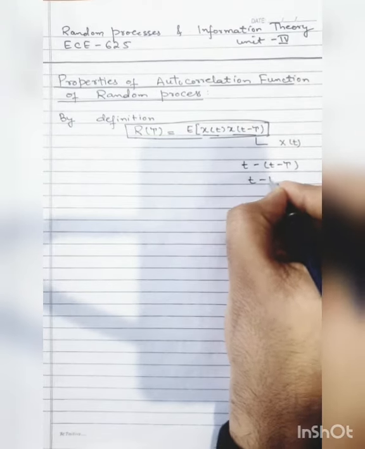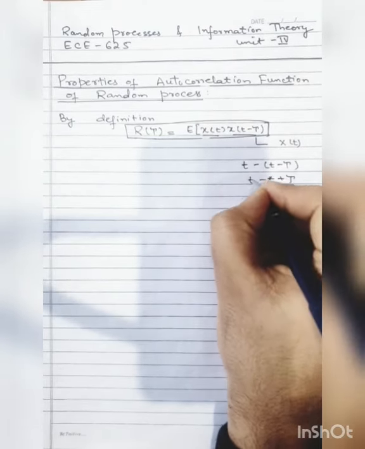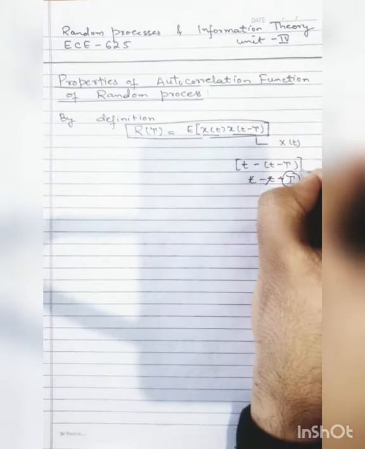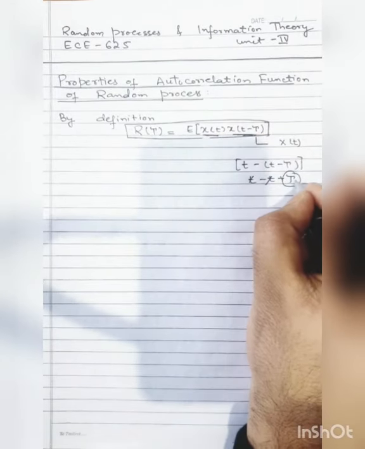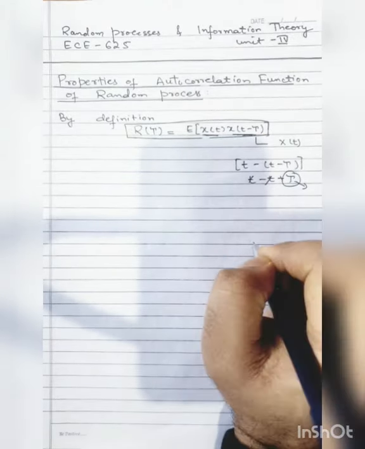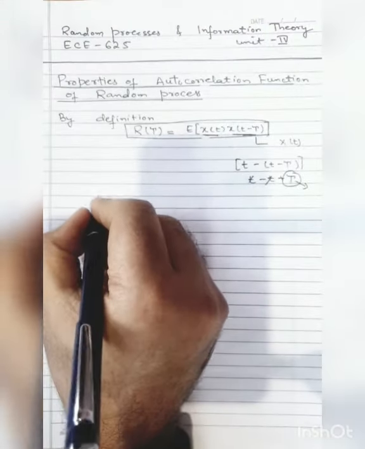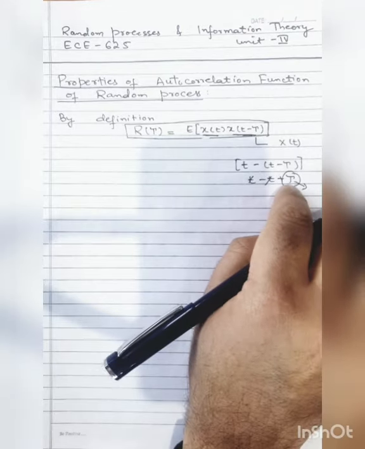So t minus (t minus tau), the t's cancel, and I can say the time difference between x of t and x of t minus tau is tau. So R of tau will always depend on tau.